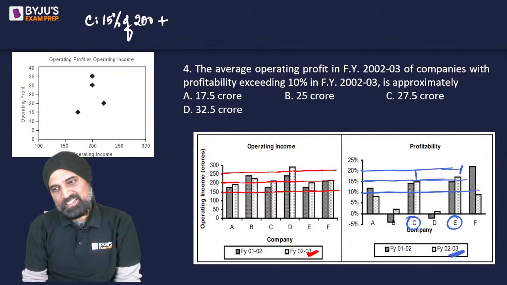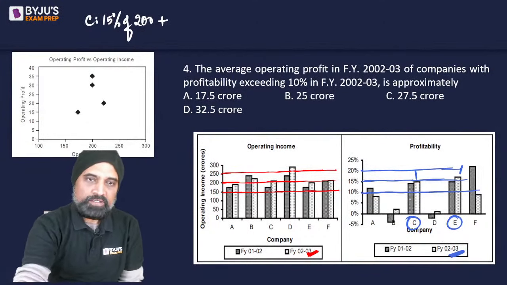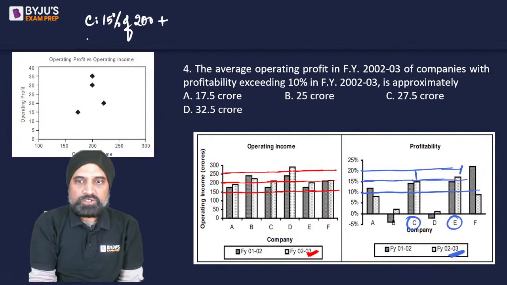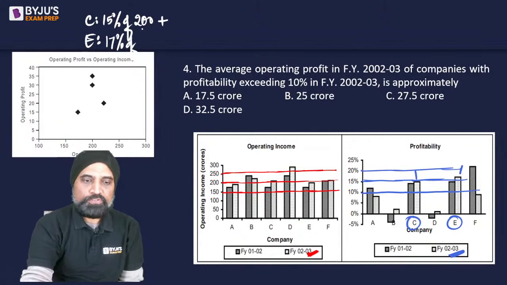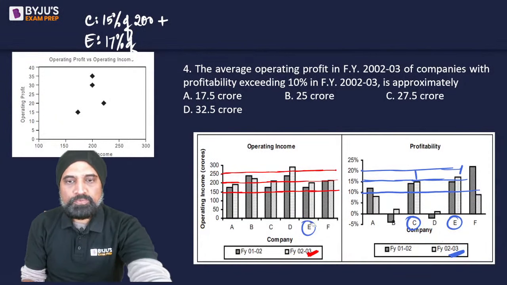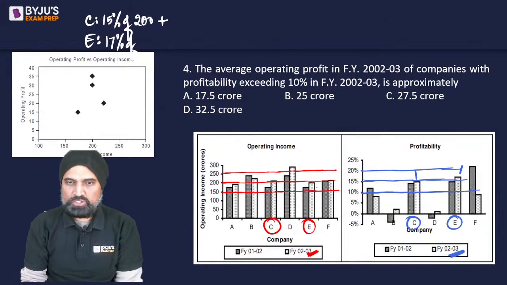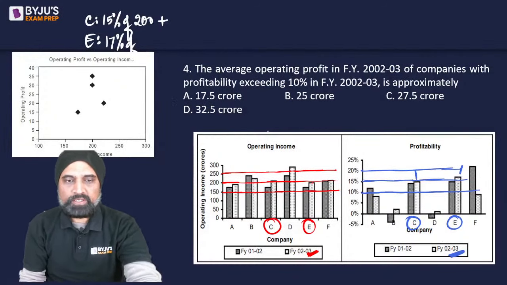So 16, yeah, 17.5, 17, something like that, right? So company E, let's take that as 17% of. Company E is going to be 200. This is also approximately 200 only, right?